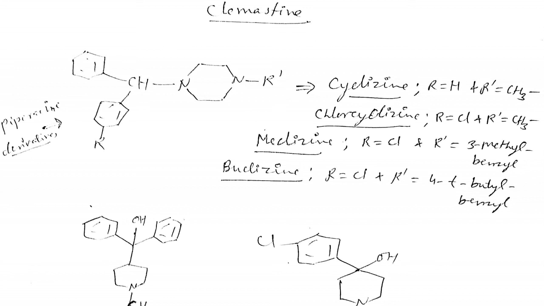When you look at cyclizine, R is a phenyl group on both, on the carbon, and R dash, the substitution on nitrogen, is the methyl group. In chlorcyclizine, R is Cl and R dash is CH3. In meclizine, R is chlorine and R dash is the 3-methyl benzyl group. In buclizine, look at here, R is chlorine and R dash is the 4-tertiary butyl benzene.